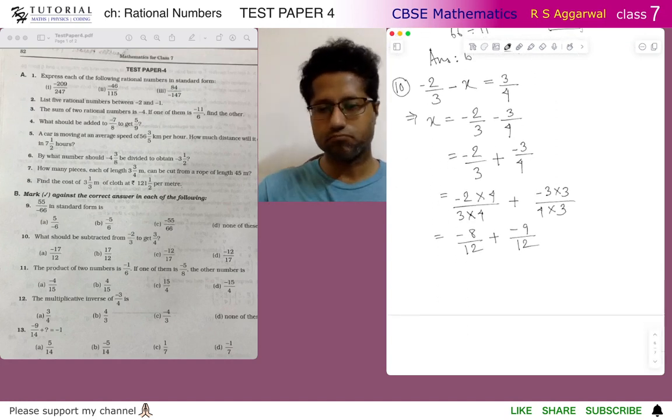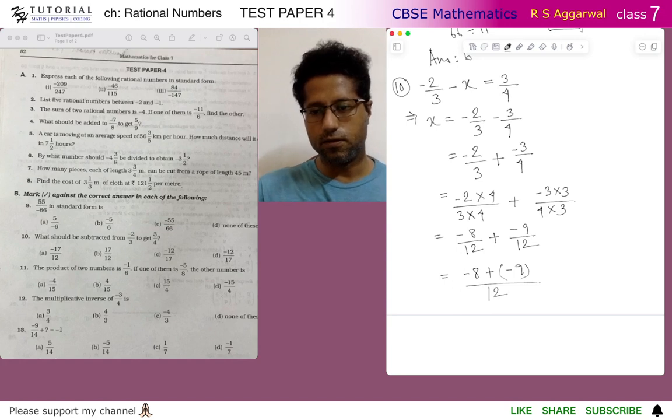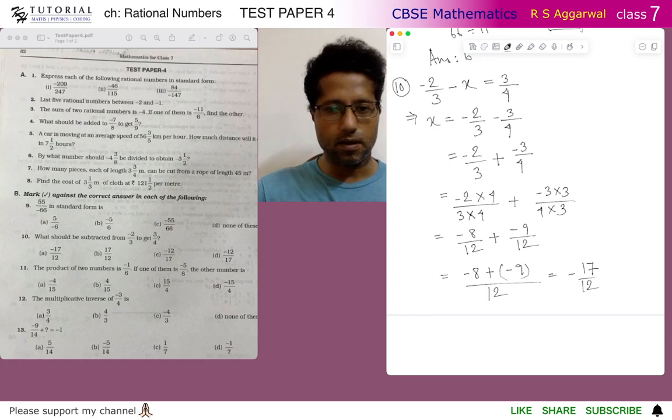We will just add the numerators and divide that by the common denominator, that is minus 8 plus minus 9 divided by 12. This is minus 17 by 12. Okay, so this is the result.